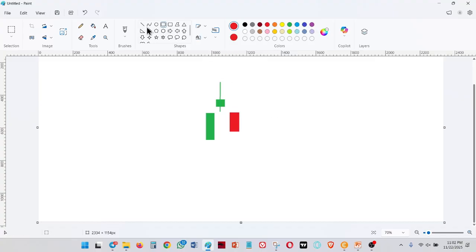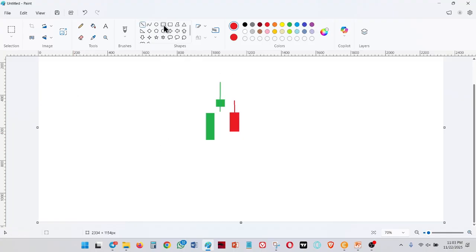It doesn't matter whether it has a wick, but its wick should not be taller than that other wick. It should be maybe somewhere around here like this, but it should not go to the same height as this first one. It should be below that one. Do you understand?